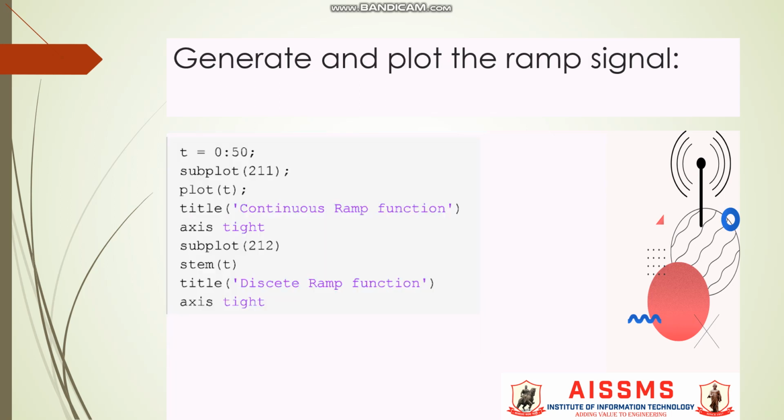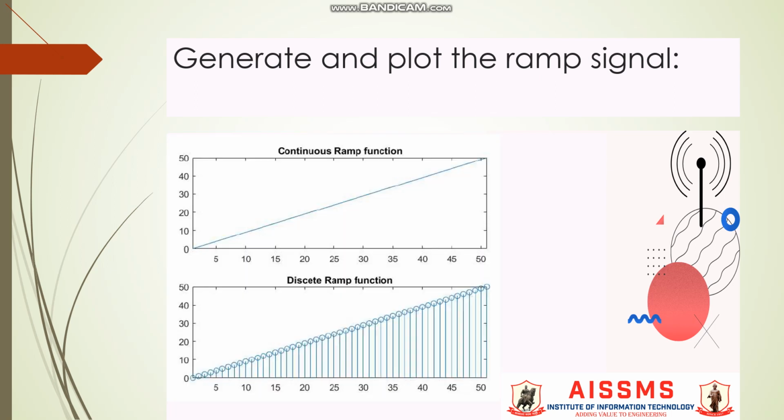The program to generate and plot the ramp signal is as shown. Here a new command is seen, which is the axis command, which sets the axis limits to the range of data. The corresponding figure windows of the CT and DT ramp signal are as shown.